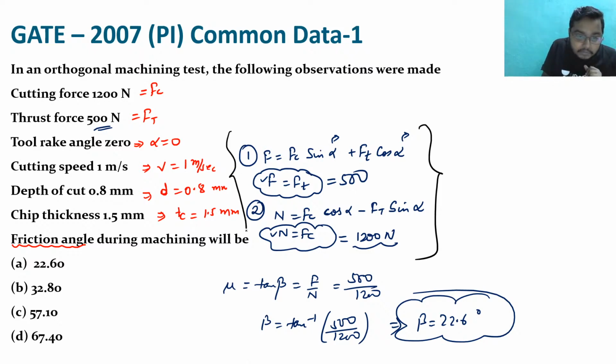I do not have to do these things with pen and paper, because I know that F is equal to this, cos alpha is going to be 1 and sin alpha is going to be 0. So this is F, this is N, and I just put it in the calculator and solve it. So yes, good approach.